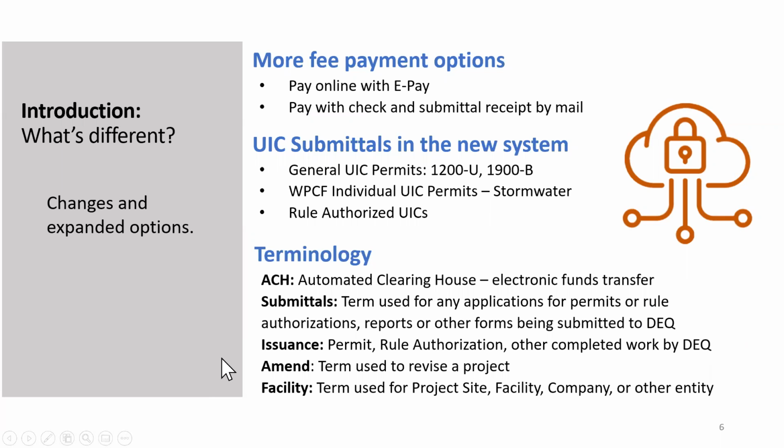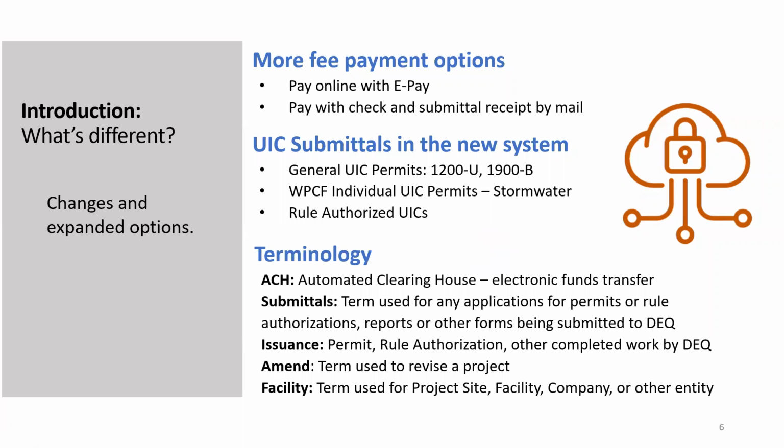So what's changing for UIC and for the programs that are getting involved in this new system? What's different is there are more fee payment options. So I want to be careful to say we're not moving away from paper checks.